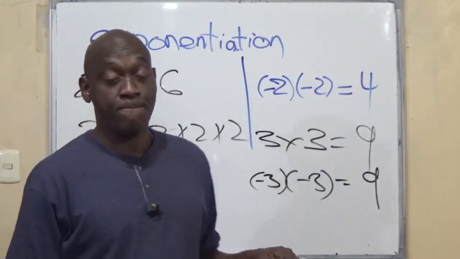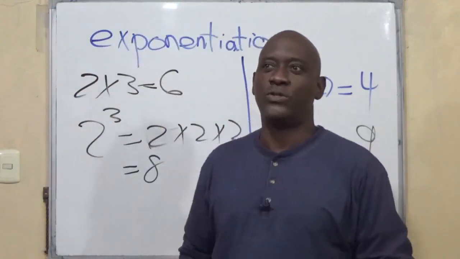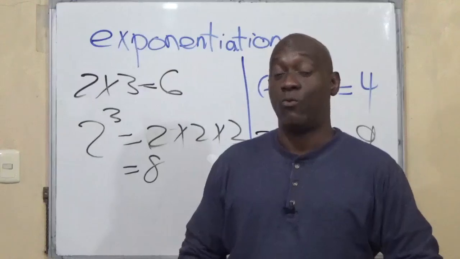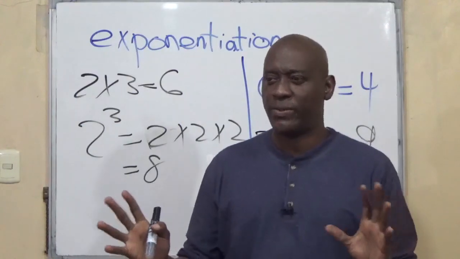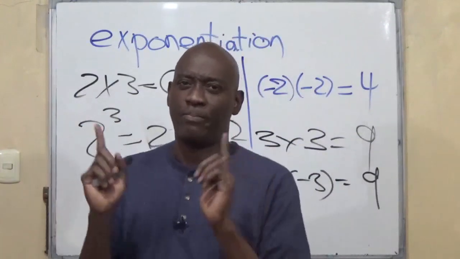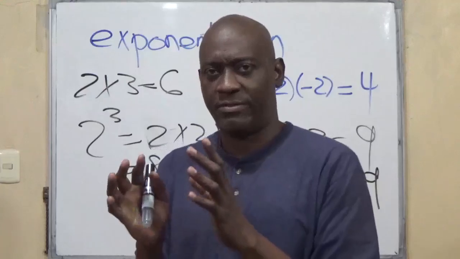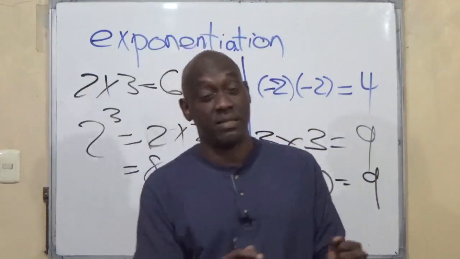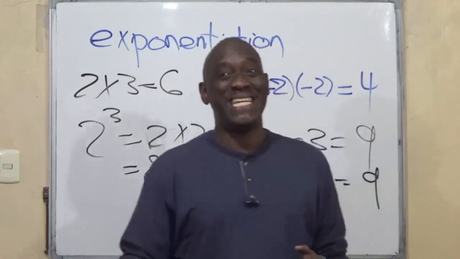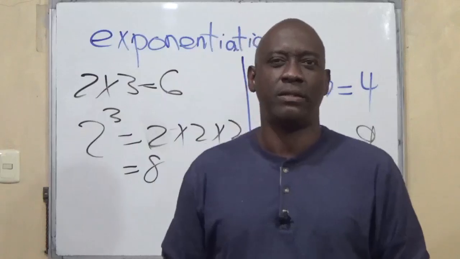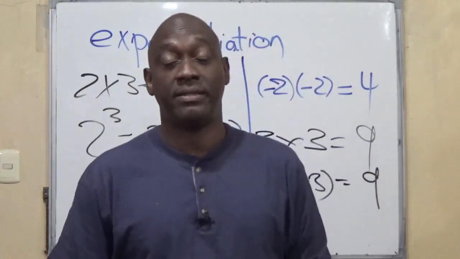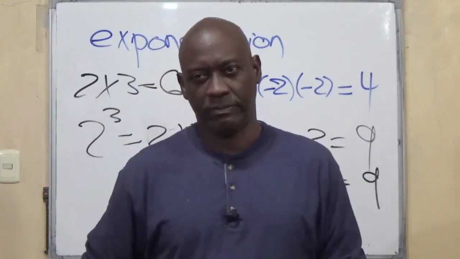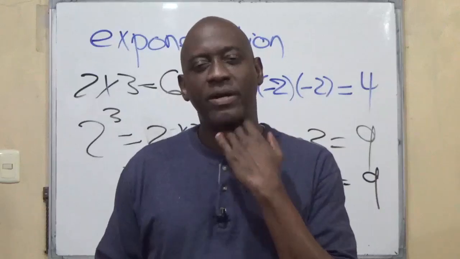Right? So that is something that we also have to be aware of when we're dealing with squares and square roots. Squares and square roots are not just for positive integers only, or positive numbers, or positive quantities. It is equally valid when the quantities under discussion are negative. And we have to be aware of that.